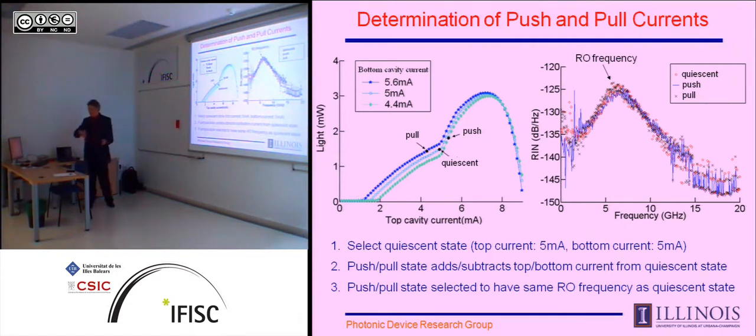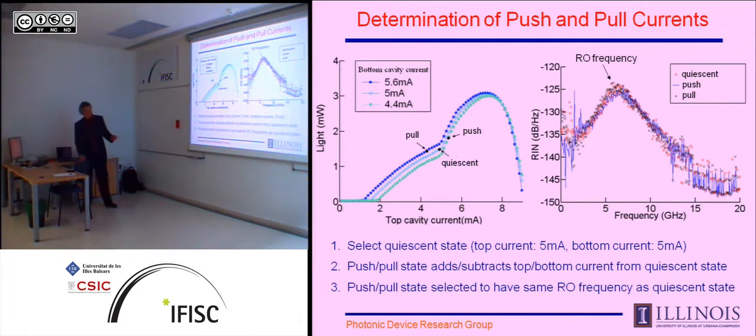Whenever you have a resonance, you have high noise. And that frequency, as I showed, is dependent upon the photon density. The higher the photon density, the higher this relaxation peak. So what we do is we find a quiescent point, the point about which we're going to modulate, and then we vary the currents into the two cavities such that our RIN peak here, this noise peak, doesn't vary.